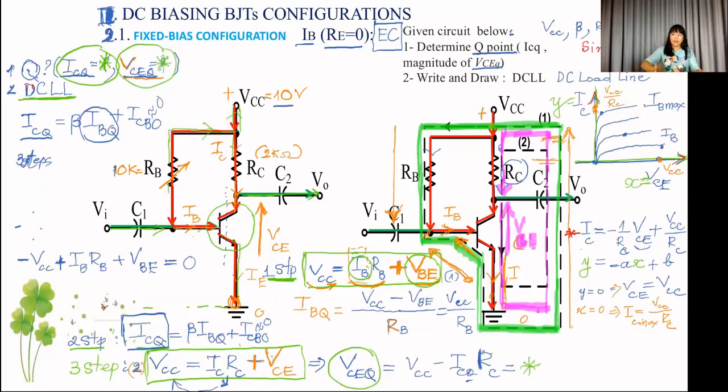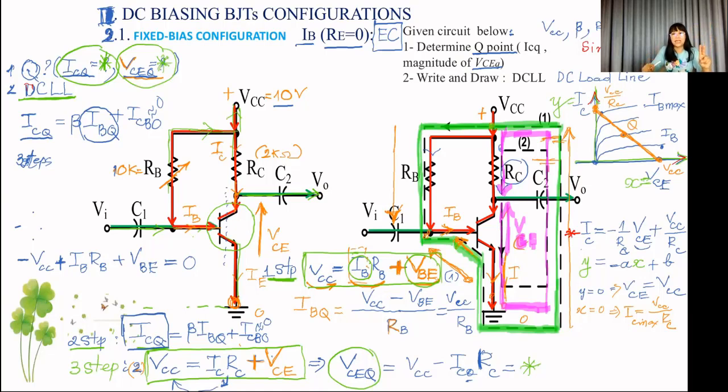I have 2 points, and these 2 points I connect, right? We have this line, we call it the DCLL, and the Q point, this is the cross point between 2 lines.